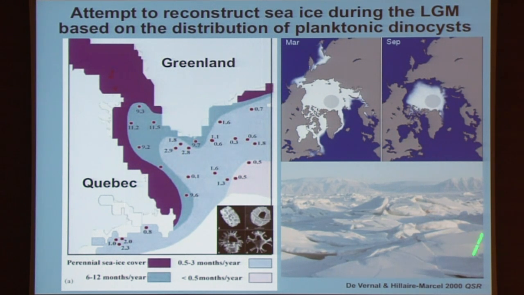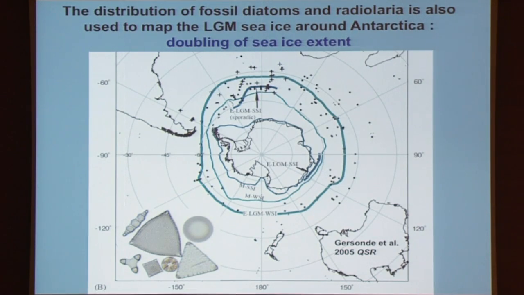So that's just a picture of fractured sea ice in the North Atlantic. It's also possible to go to the southern hemisphere to look at the sea ice distribution with other types of organisms. I took that from the work by Gersonde et al. from the Alfred Wegener Institute, where they reconstructed the extent of sea ice during the LGM by looking at diatoms in sediments and also at radiolaria.